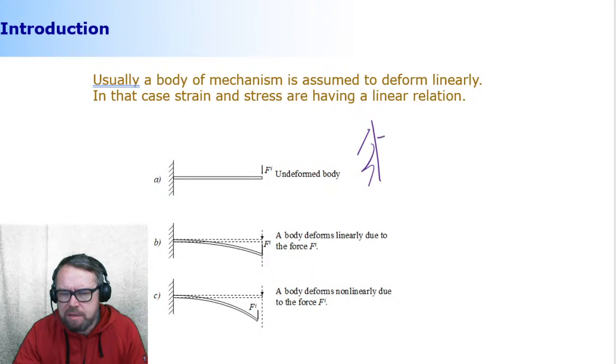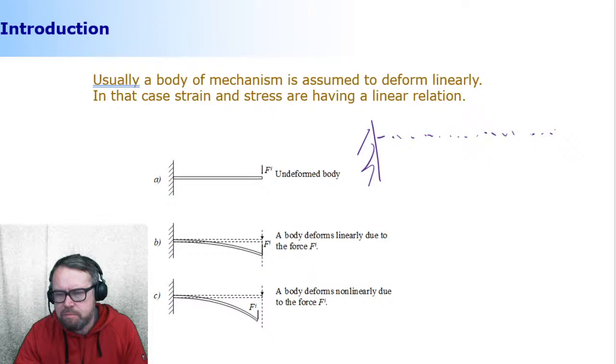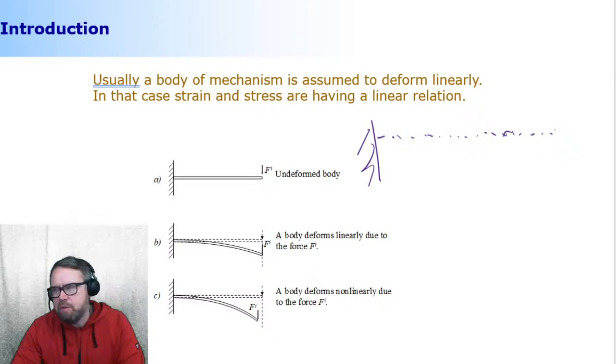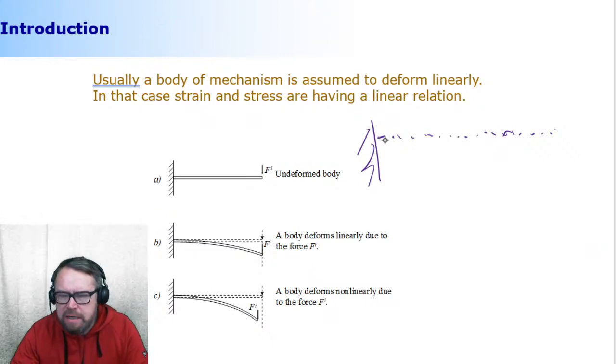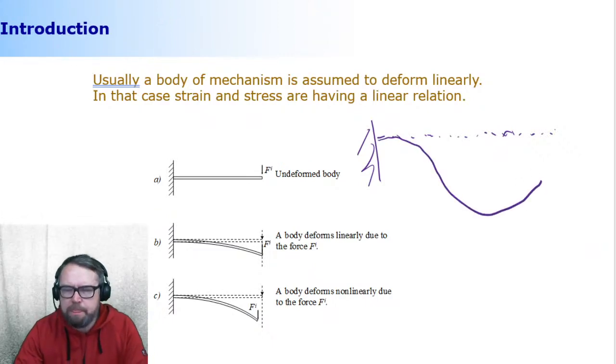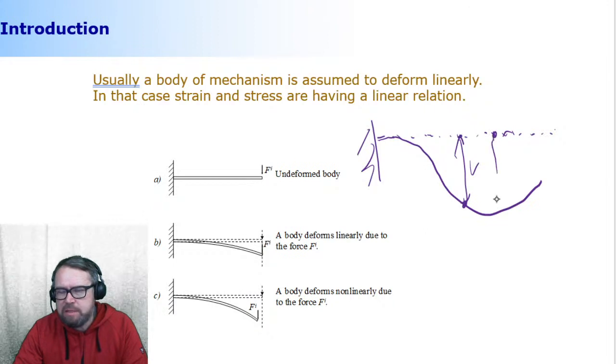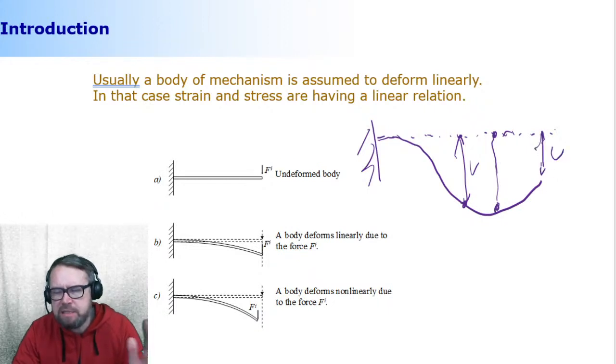If you have the reference configuration of your cantilever beam like shown here, these dots are representing the particles, and there are more particles than the ones shown here. Then if the deformation looks like this, displacement measures how each of the particles is displaced, the vector that describes the deformation. You see that there are a lot of particles and corresponding deformations, but that's what it is. So this one here is a displacement.